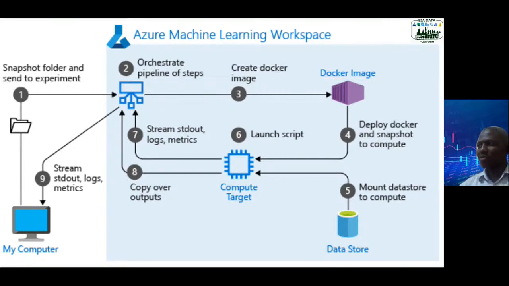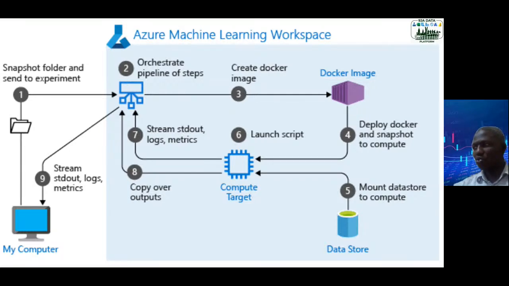So we have our workspace, and then our Docker image can be created for us, because we can have some curated environment created for us. We need our Docker image to create an environment to run our experiment. And that goes to our compute target.